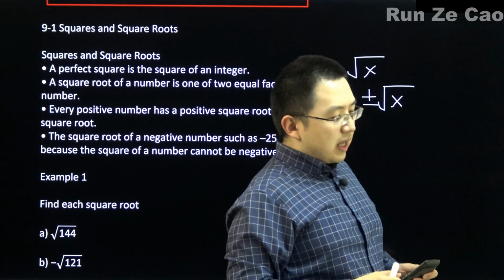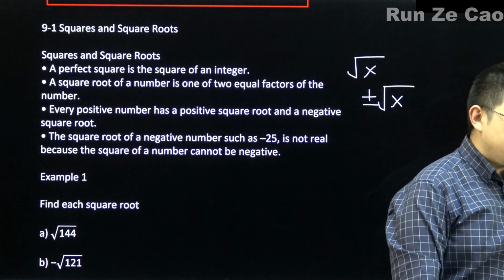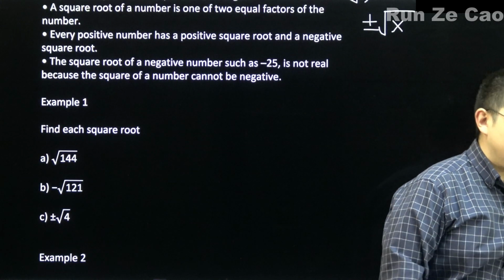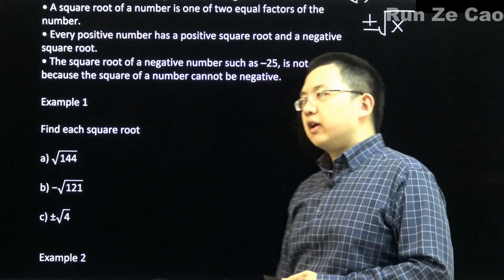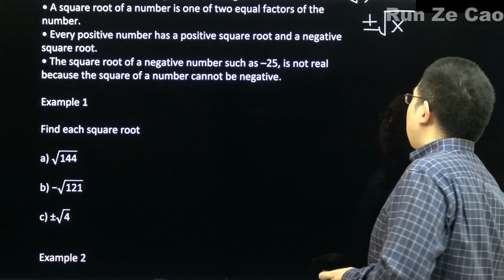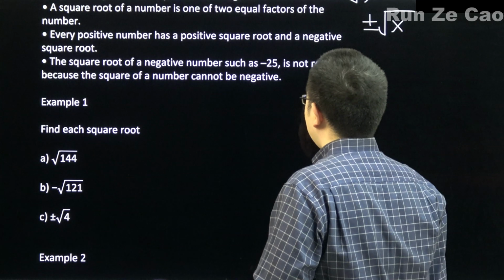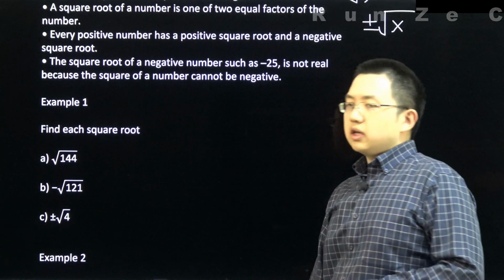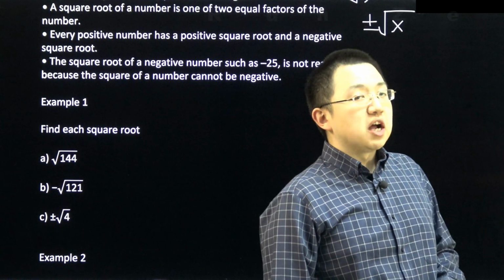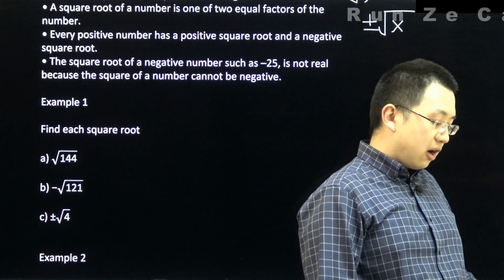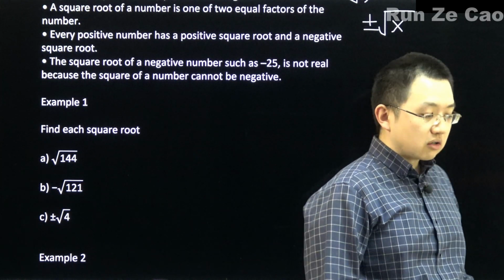So the square root of a negative number is not real because the square of a real number cannot be negative. However, the square root of negative 1 is the imaginary number i, which we will learn much, much later. For now, we just need to know that it's not real.